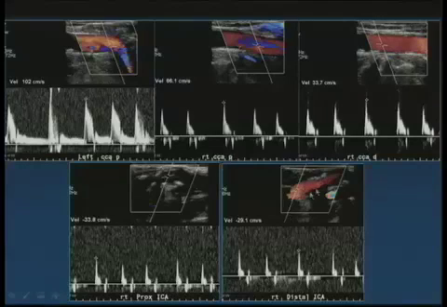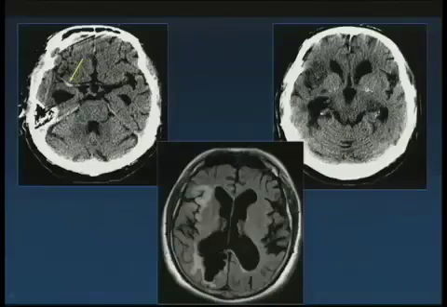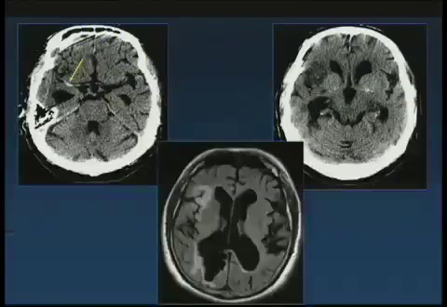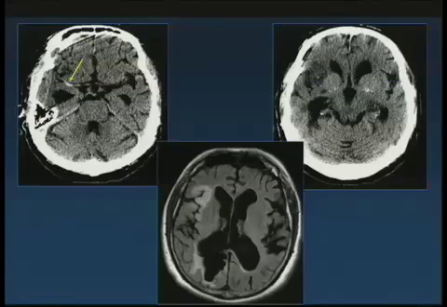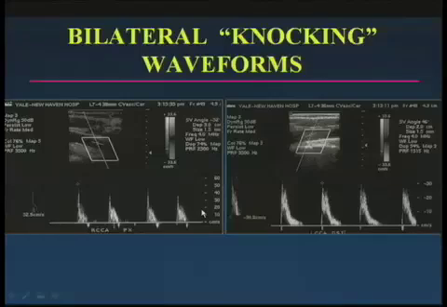But if you look on the color image, that vessel is widely open, so the obstruction has to be higher than that. And sure enough, if you look in the head, you can see that there is this dense middle cerebral artery sign on the CT, and there has been acute thrombus of the middle cerebral artery, and you can see the stroke on the CT as well as on the MR.